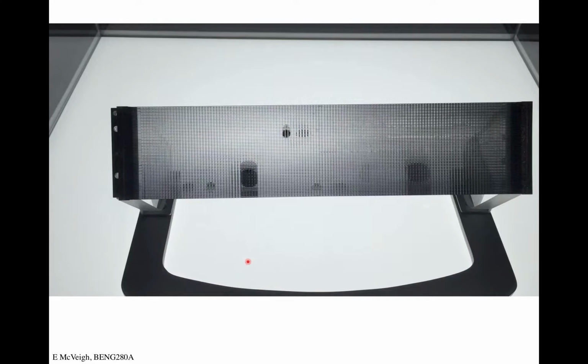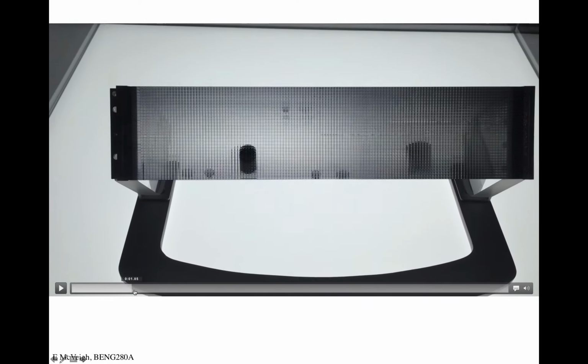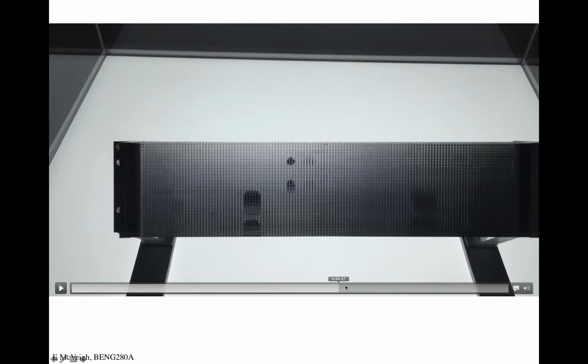This is a video of what it looks like to look through an anti-scatter grid.